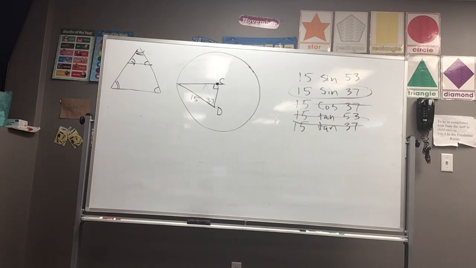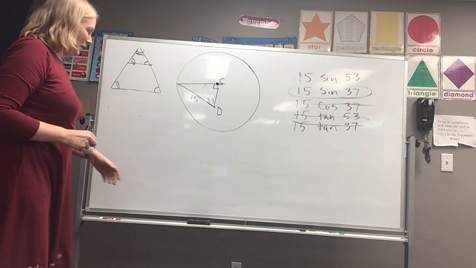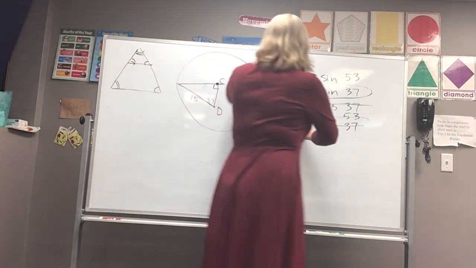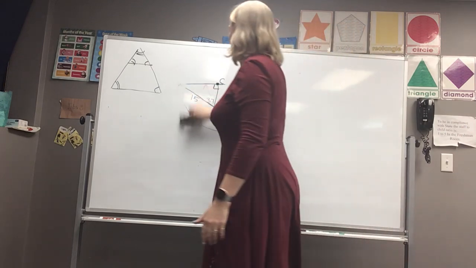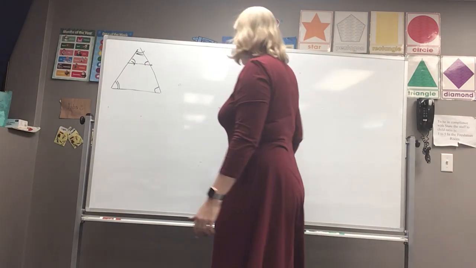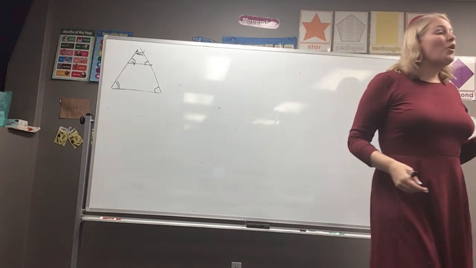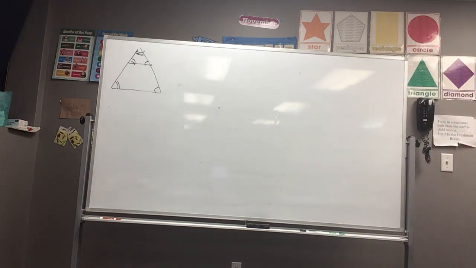So number 2, what are the two Pythagorean triples you're most likely to see on test day? Alright, switching up the question, what's the one Pythagorean triple you are most likely to see on test day? 3, 4, 5.